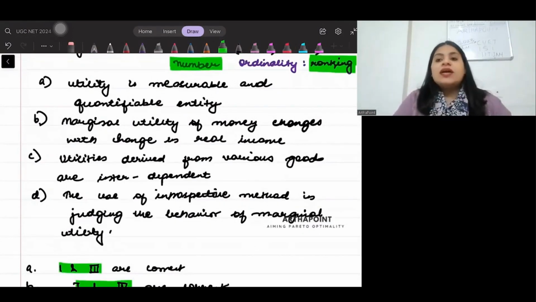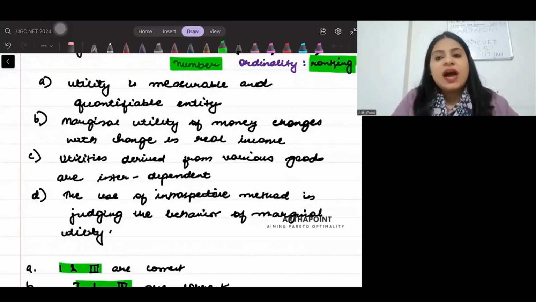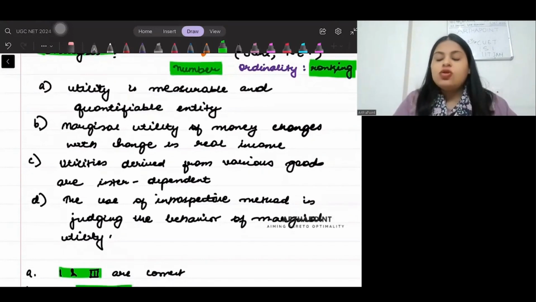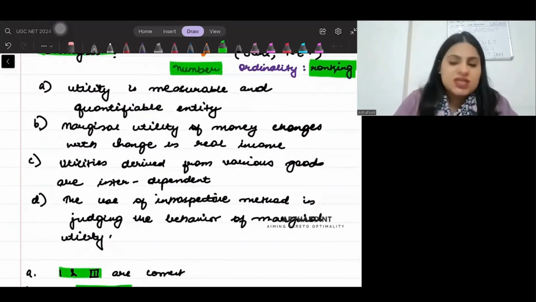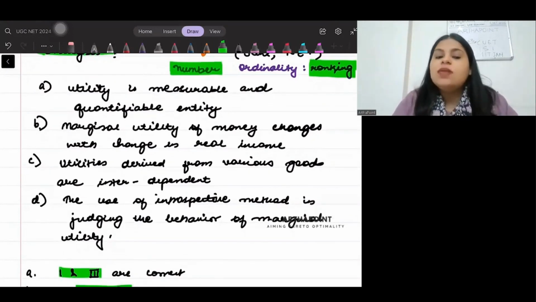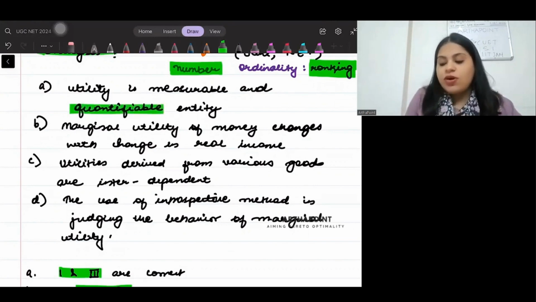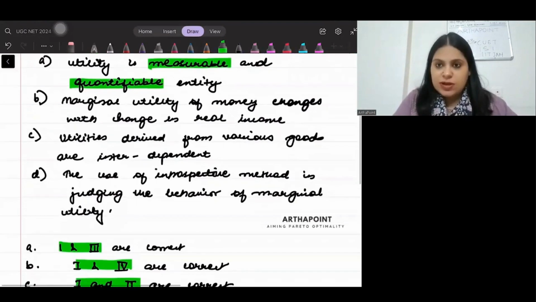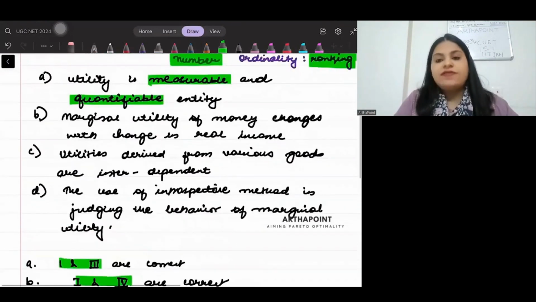Of course, अगर cardinal concept है, then cardinality is based on numbers. Cardinality तो number ही बोलता है. वो तो बोलता है कि आप उसको number में measure कर सकते हो. Cardinality says you can measure it in terms of number. तो ये बोलना सही होगा that utility is a quantifiable entity. This would be the correct thing to say, that utility is a quantifiable entity.